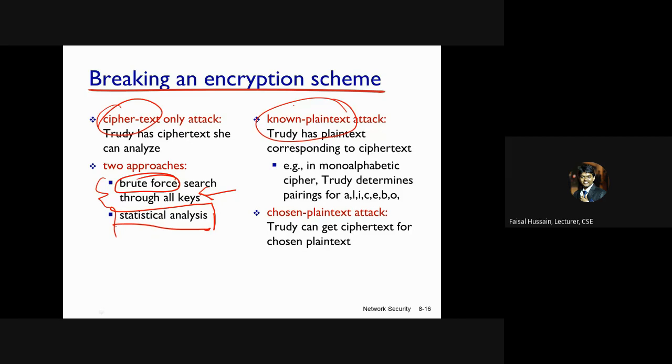Chosen plain text attack: assume that you have a web server which is encrypted, but it sometimes returns a reply like, I don't understand your request, followed by your request information. All of them are encrypted, assume that. So what you can do is intentionally send a plain text to get all possible substitutions. You send a message like a brown fox jumps over a fence.